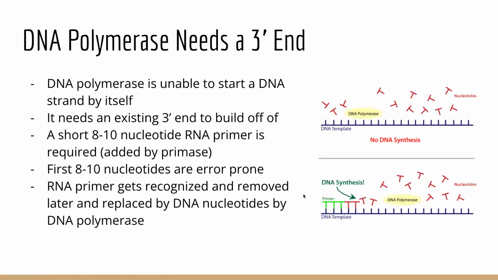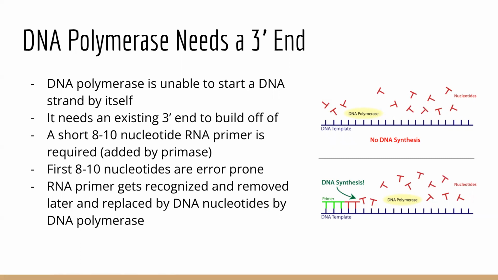Okay. So the main point of the beginning of DNA replication, one conceptual thing you need to know in order to understand the leading and lagging strands, is that DNA polymerase needs a 3' end to add on nucleotides, and it can't start DNA synthesis on its own.